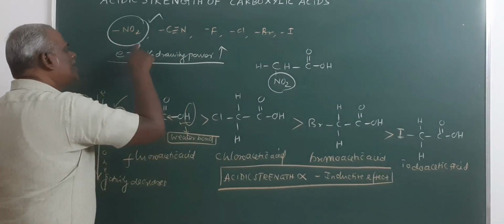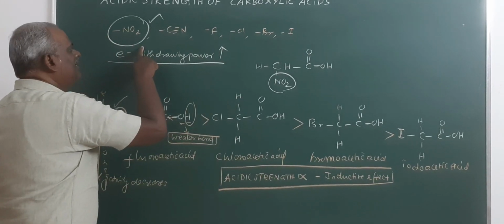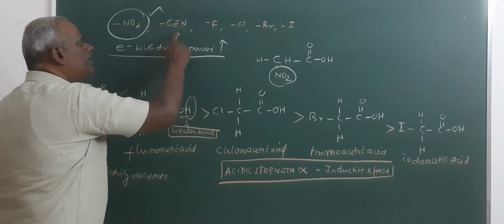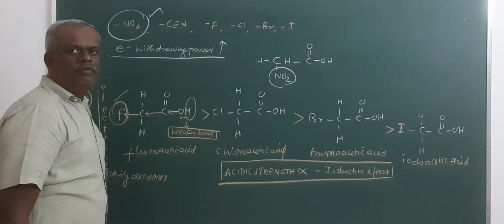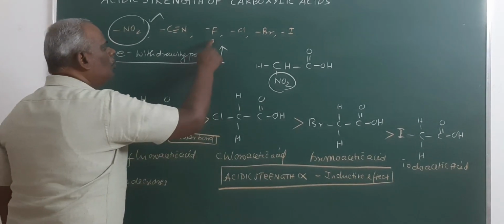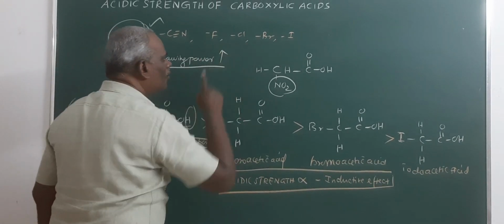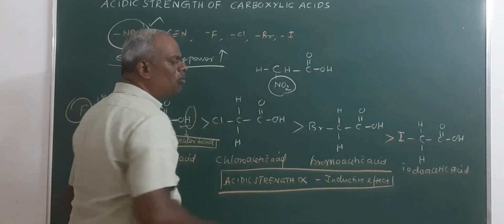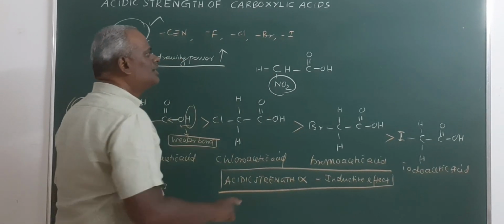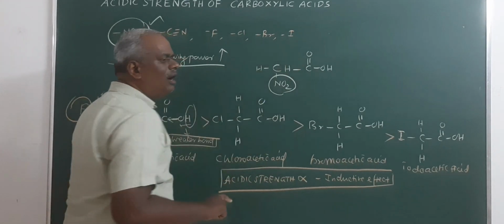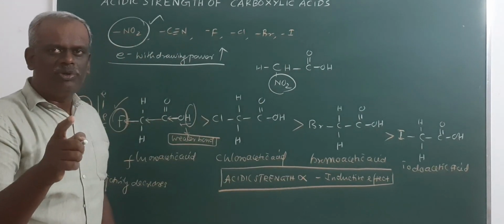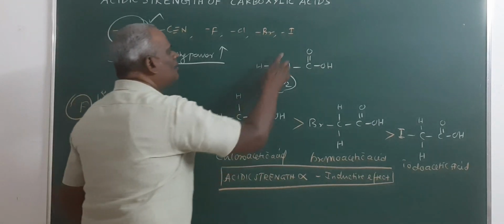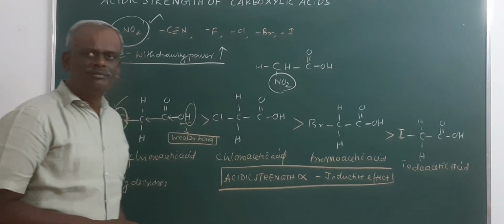So nitro substituted acid is stronger than the cyano substituted, and cyano substituted is stronger than fluoro substituted. Fluoro is stronger than chloro substituted, and chloro is stronger than bromo substituted acids. Among all of these, iodo substituted acid will be the weaker acid due to the lesser electronegativity of iodine.